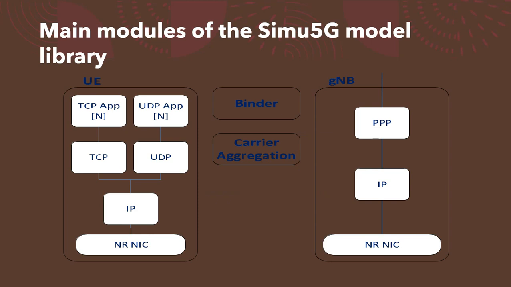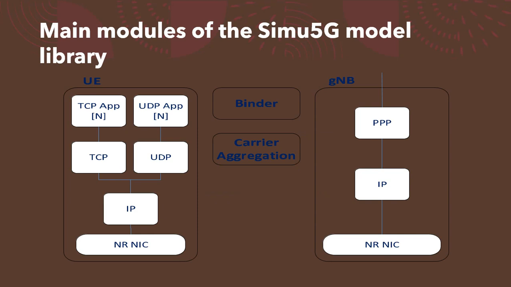Now we have the main modules of the Simu5G model library. Simu5G simulates the data plane of the 5G New Radio RAN. Signaling and management protocols are not implemented in the current version, but they can easily be added by the interested user.